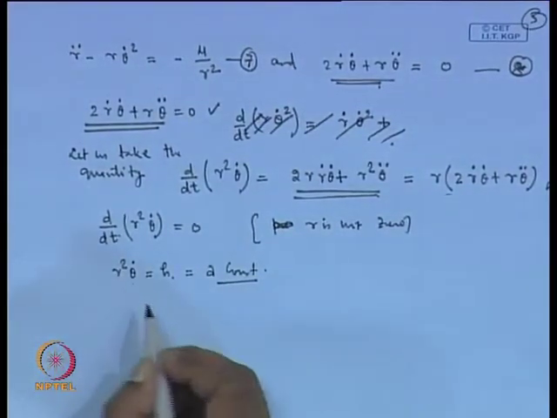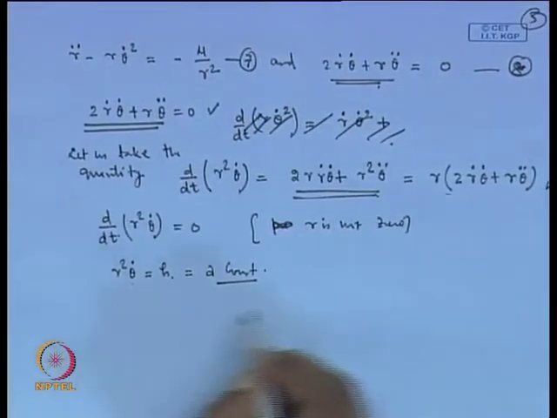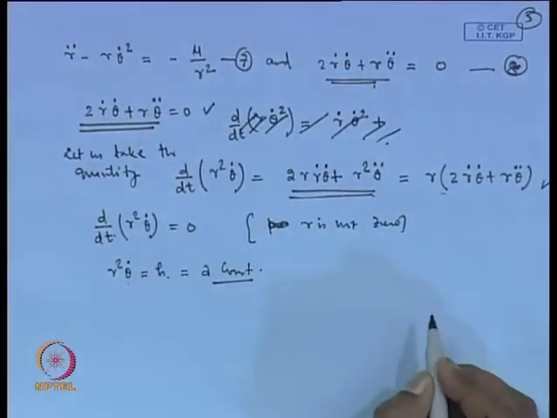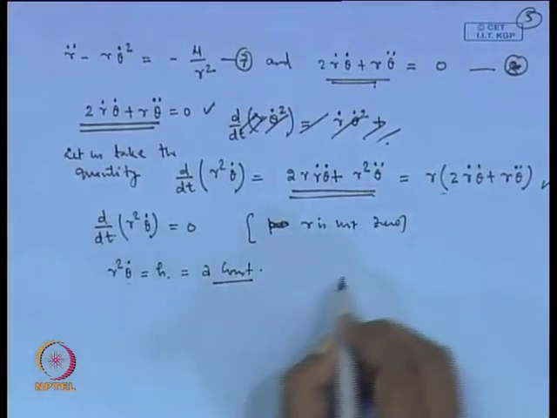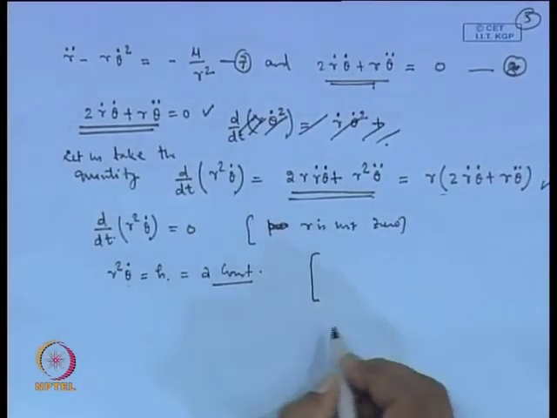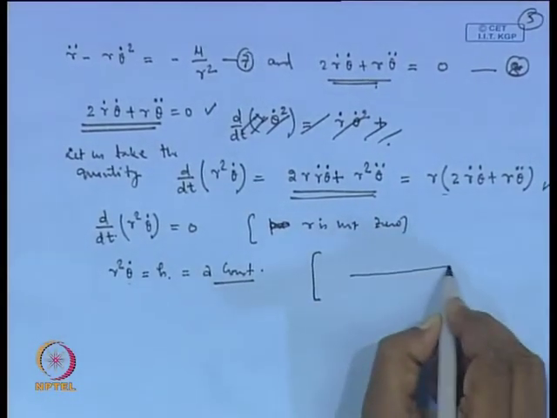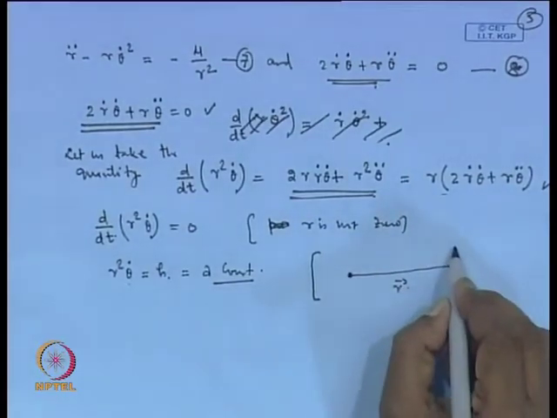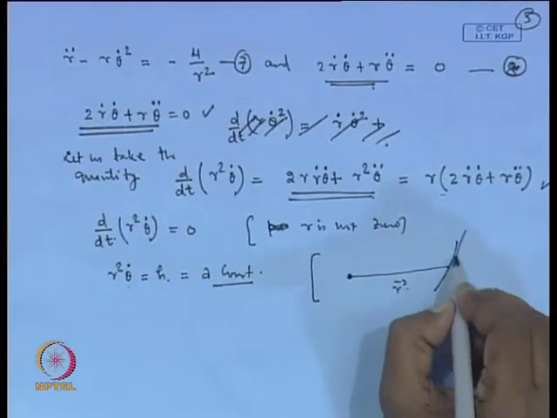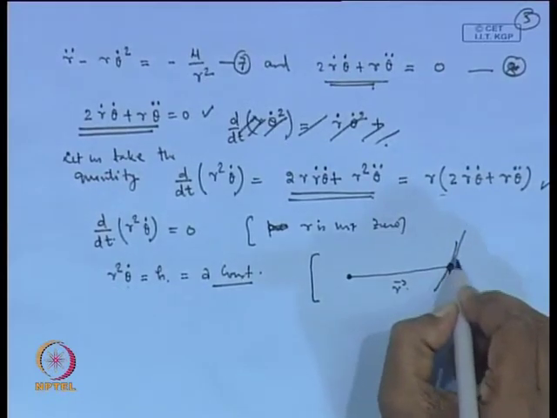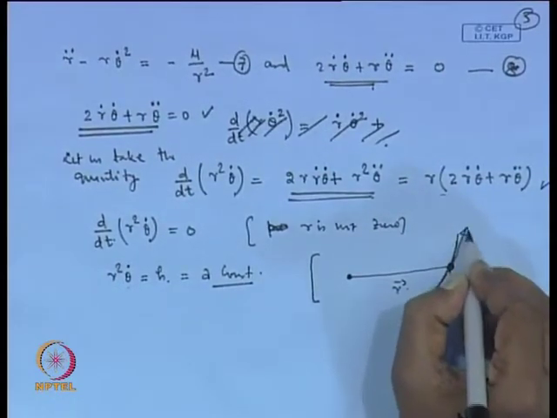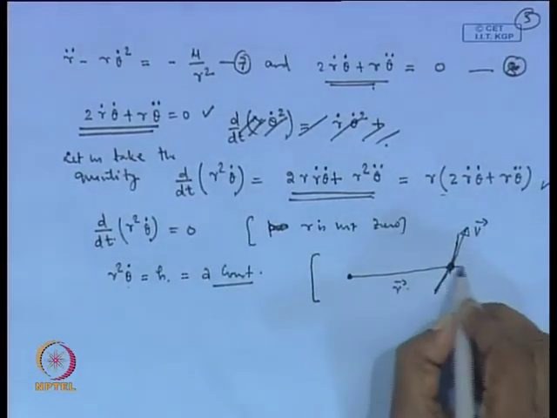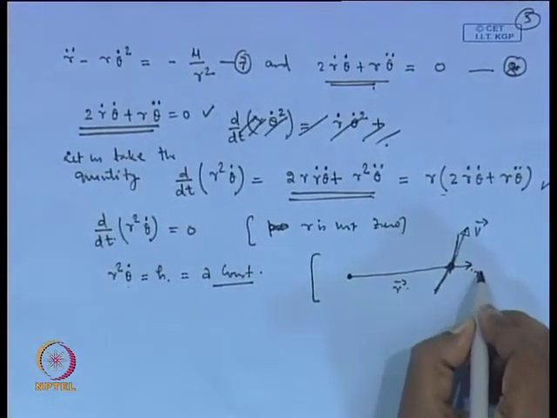So, what is this quantity? This quantity is nothing but the angular momentum vector per unit mass. Okay. We can check it from here. This is the r vector, this is the center of attraction. Particle is moving along this path. So, this is the velocity vector. Okay.